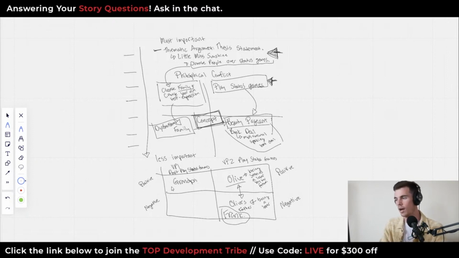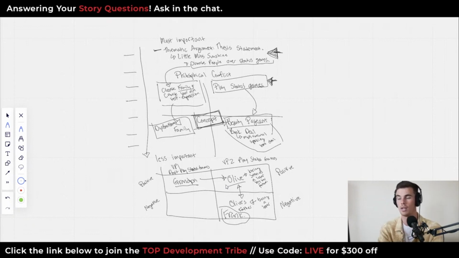Maybe, I'm not sure whether he's up here or down here. I'd have to think about that a little bit more, but he's definitely on this viewpoint side. But I think he is probably positive because he is the mentor character to Olive. So he's the most important Yoda-type character in this story, mentoring our protagonist, right? We have her father speaking to her on one side, the big voice on that side.